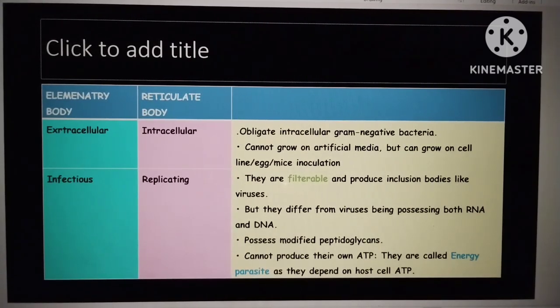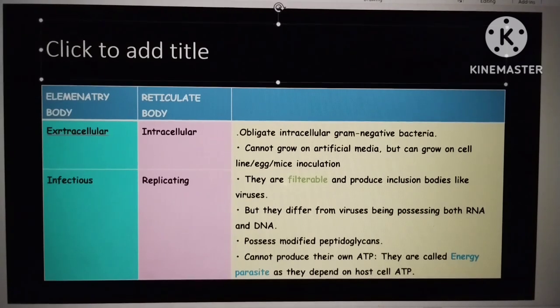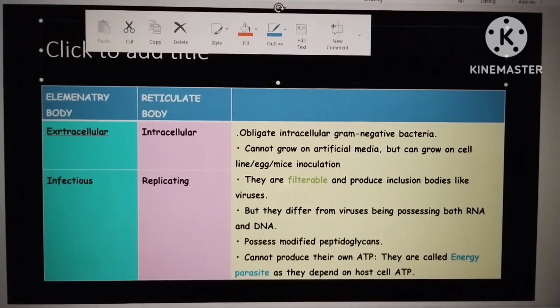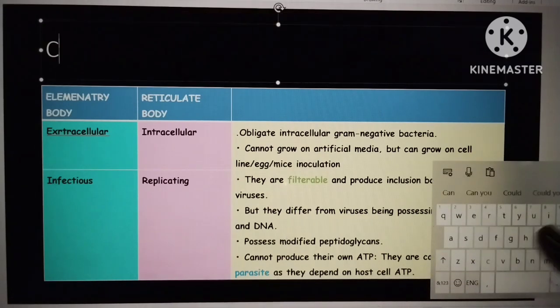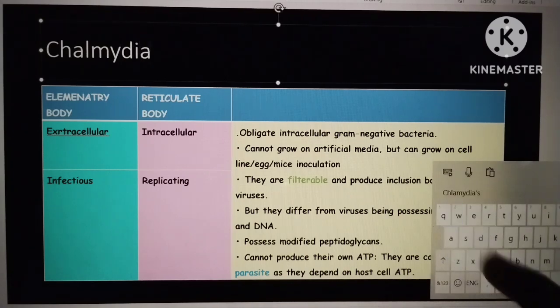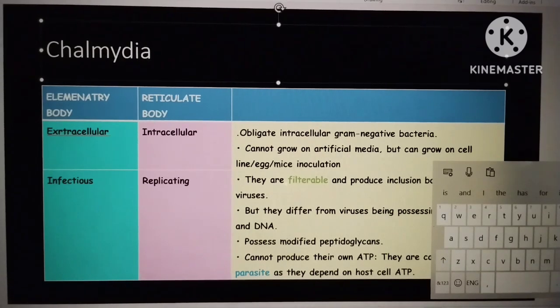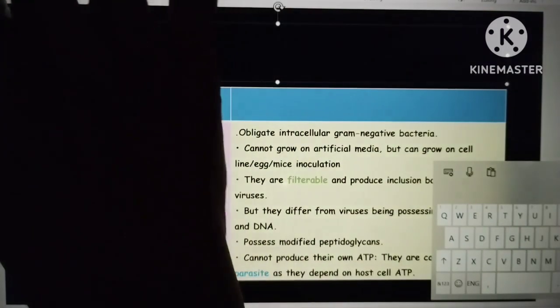They have modified peptidoglycans. They are called energy parasites because they cannot produce their own energy, so they depend upon the host for energy. This is an important point: they are called energy parasites. Just remember that point.